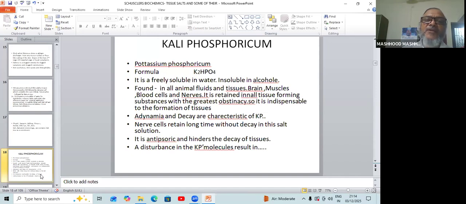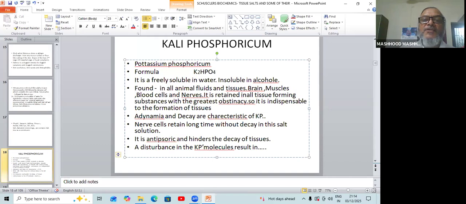This is freely soluble in water, insoluble in alcohol. Here also it is insoluble in alcohol. In all animal fluids and tissues, brain, muscles, blood cells and nerves, it is retained in all tissue-forming substances with the greatest obstinacy. So it is indispensable to the formation of tissues.